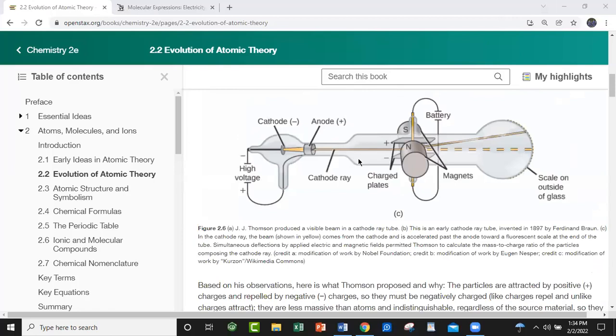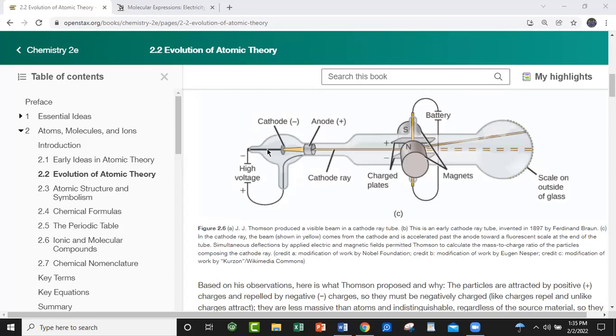This is called a cathode tube, and there's an element here, and as he passed high voltage through that element, and it passed from cathode to anode, there was a beam here that was negatively charged. So this cathode ray was actually a stream of electrons being emitted from whatever element or atom was here that was being electrified.